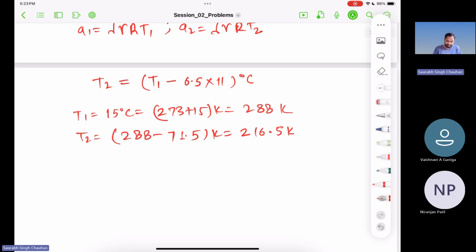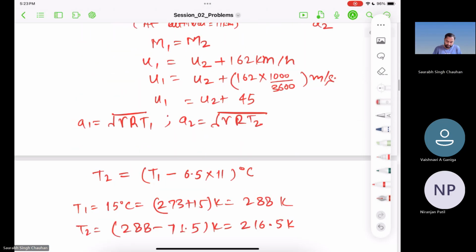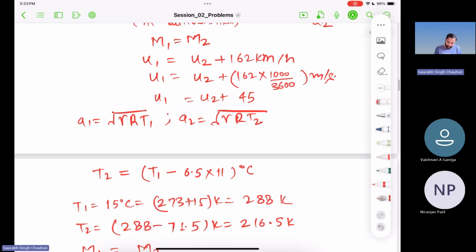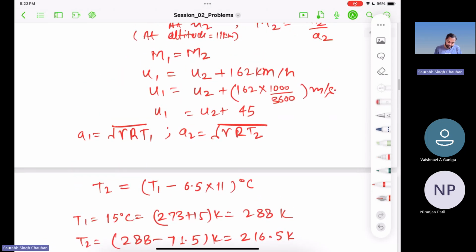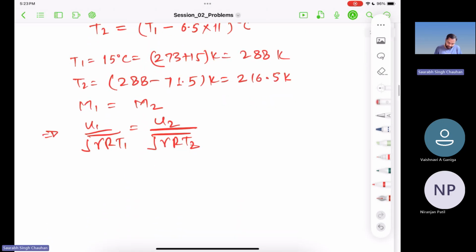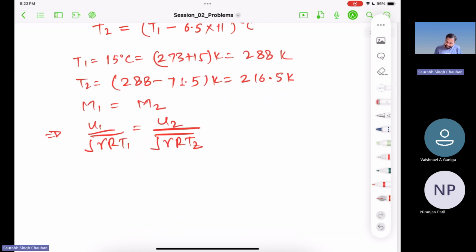So you can write down the speed of sound. And Mach numbers are equal at both the altitudes, so M1 equals M2. That gives us U1 by root gamma R T1 equal to U2 by root gamma R T2. The gamma and R you can cancel out.